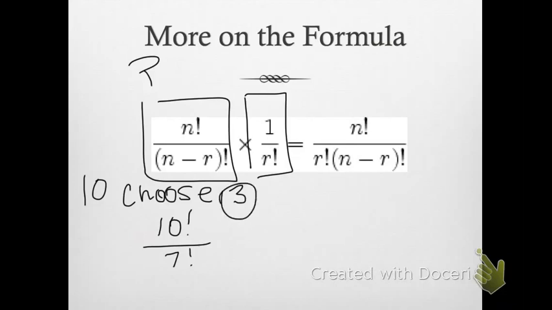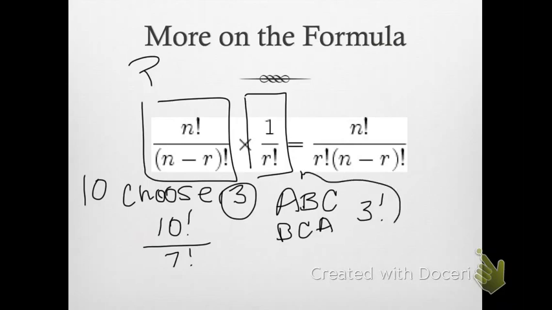So if we're looking at 3 objects, we've said that ABC is the same thing as BCA, and there are 3 factorial ways of arranging those 3 things. So we divide by the factorial of the number we've chosen.